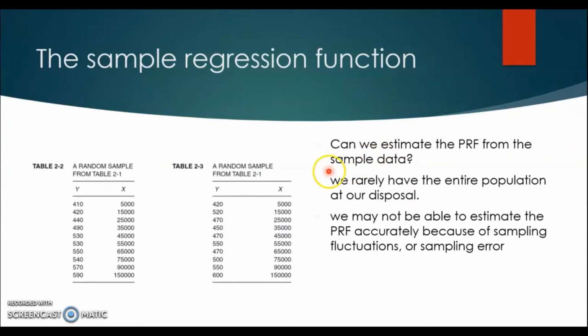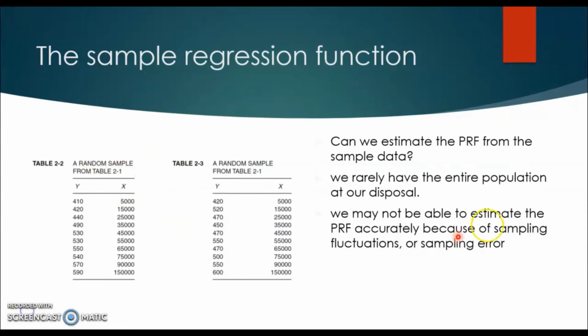Here we have two tables representing random samples from the same table 2.1. So the question is, can we estimate the population regression function solely based on the sample collected?